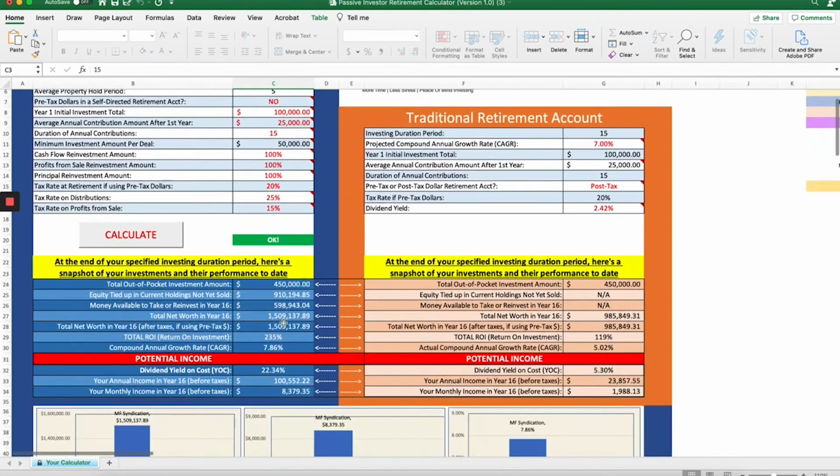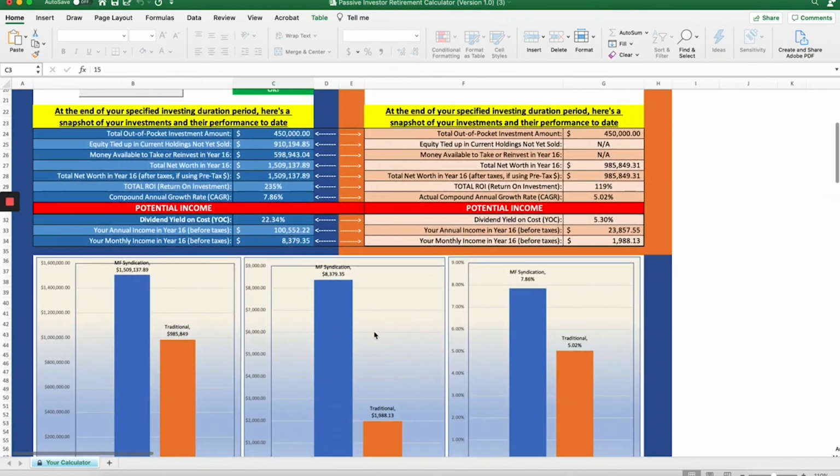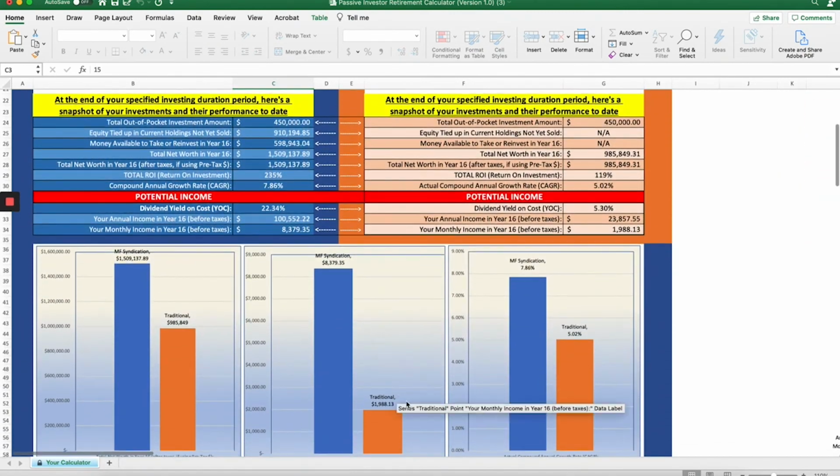So we scroll down. We get a comparison here of the two sides, including some charts at the bottom. We start with your out-of-pocket investment, some of your net worth here. As you can see, your net worth in year 16 using multifamily syndications is at 1.5 million, and we're at 985,000 in the traditional.